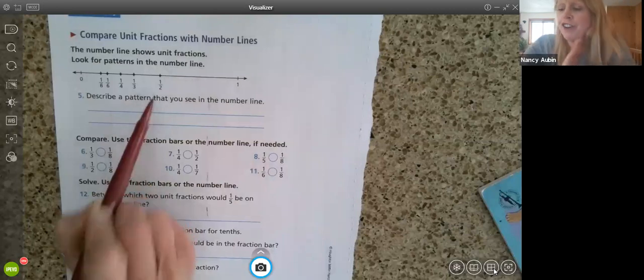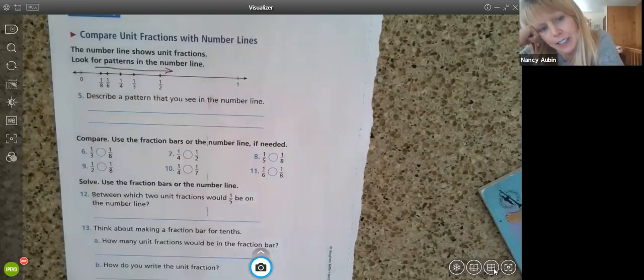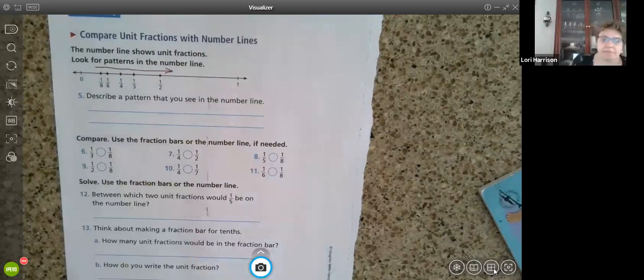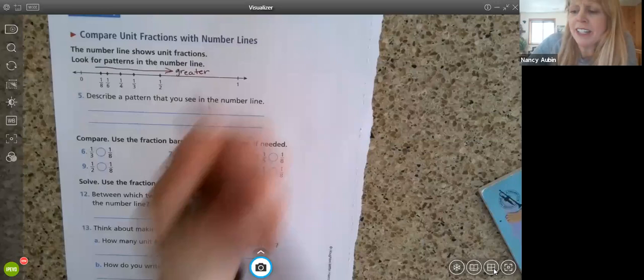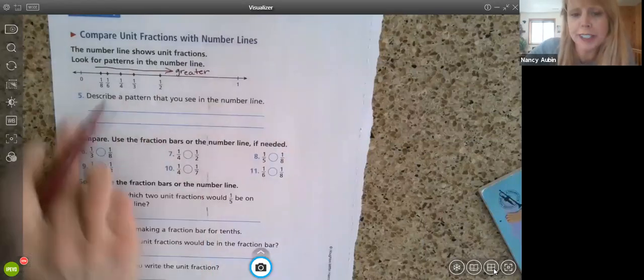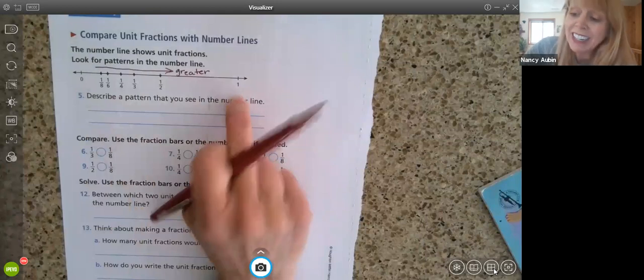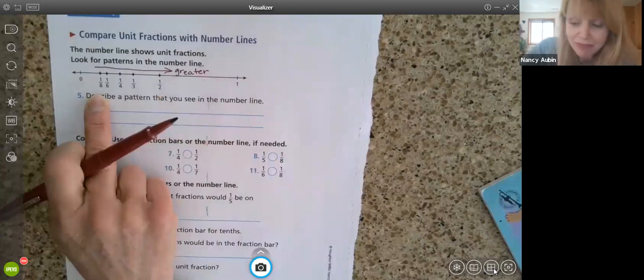The further to the right, the greater. 1/2, right? It's further along on that number line because one whole cookie is what you really want. I'll take a half. I really don't want only 1/8 of that cookie.